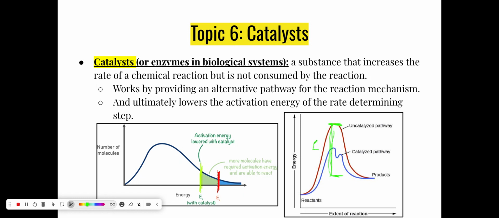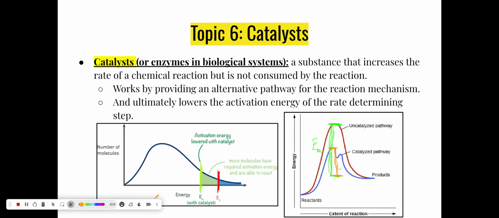As you can see, it's pretty high, so that is a very slow rate determining step, right? Now, with that catalyst pathway, if you guys take a look how much less energy is needed to surmount that reaction barrier. Well, since there's less energy needed, this chemical reaction is ultimately going to occur at a faster rate.